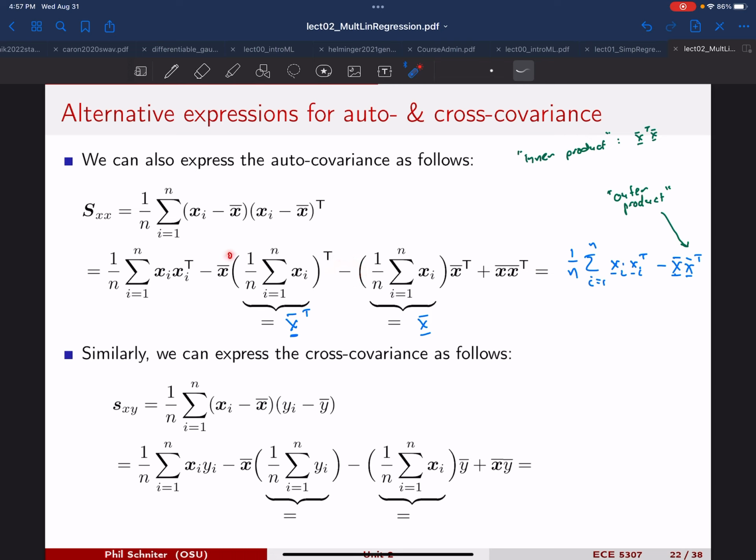You see how this is like x bar times, okay, so this whole thing is x bar transpose. So this is minus x bar, that's like just minus this. So basically, you could say this cancels this, and it leaves this. Right?